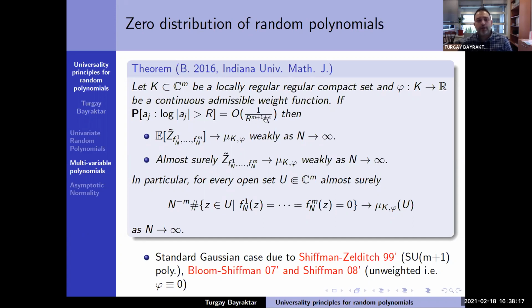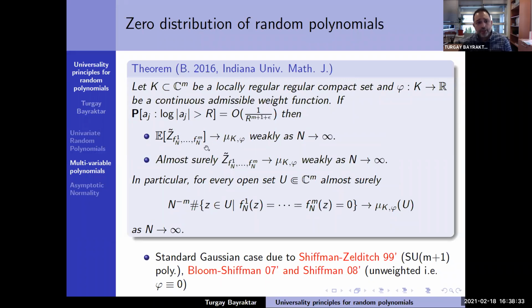So it's a bit bigger than m plus 1. In dimension greater than 1, I need somewhat stronger conditions in order to get the asymptotic distribution of common zeros of random polynomials.